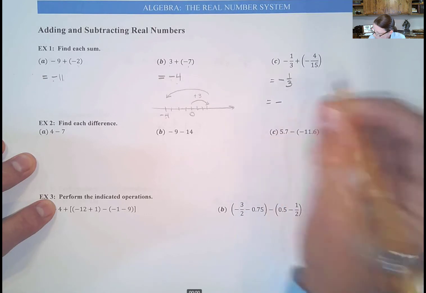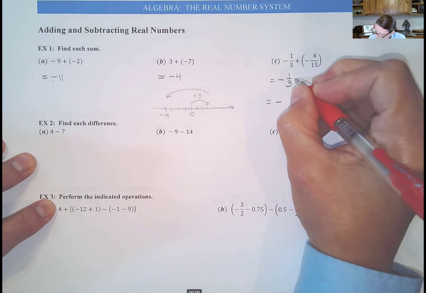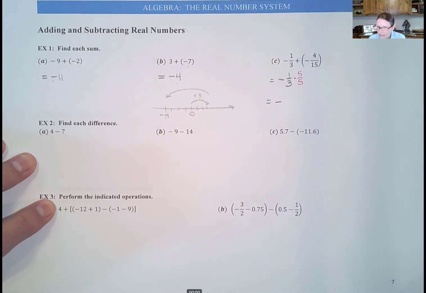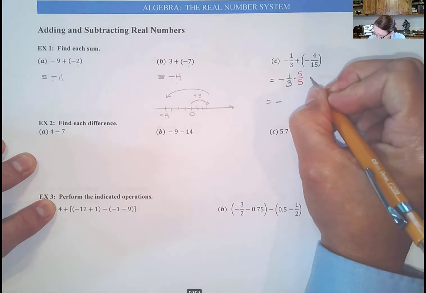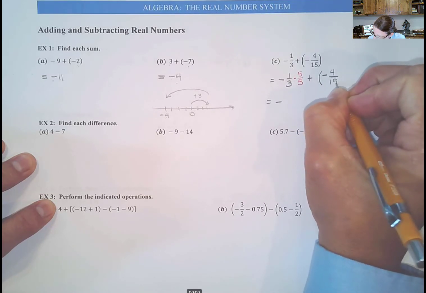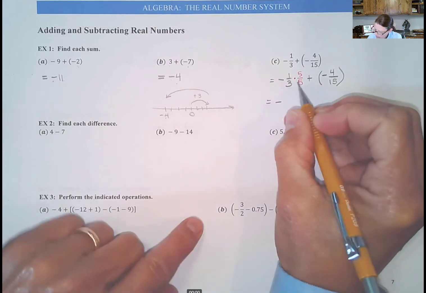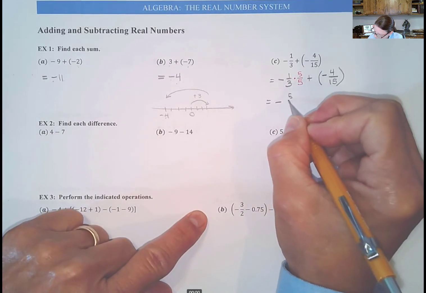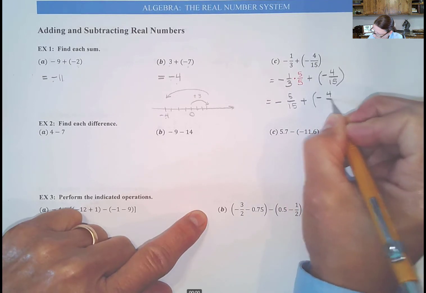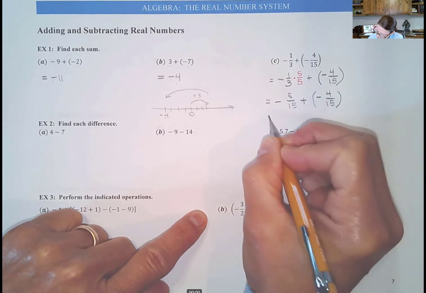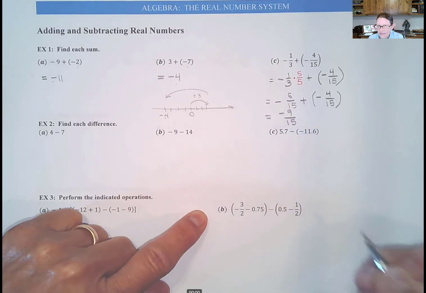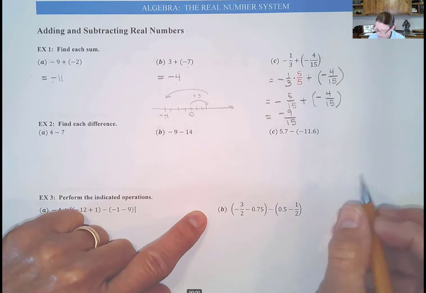Now, let's write these with the common denominator. So multiply -1/3 by 5/5. That's 1 in the form of 5/5, so that we can create a common denominator of 15. Here we've got -5/15 plus -4/15. -5 plus -4 is -9/15, and we do want to reduce this.